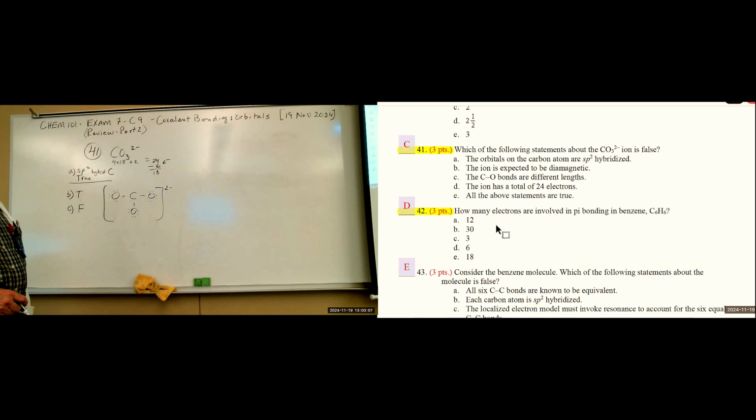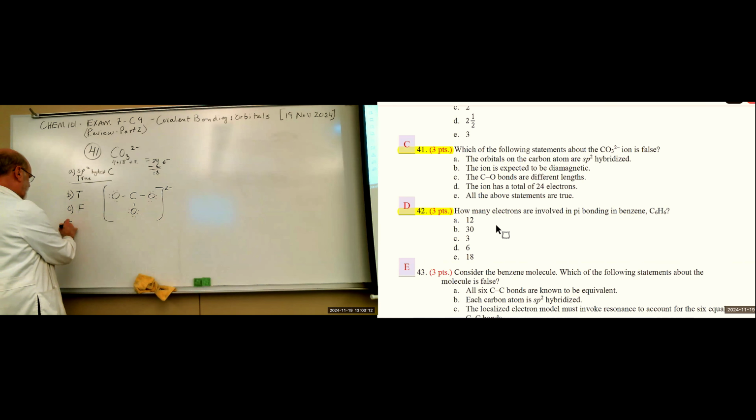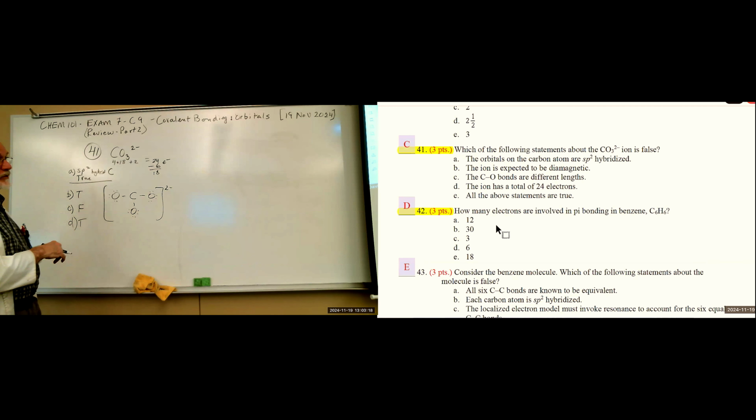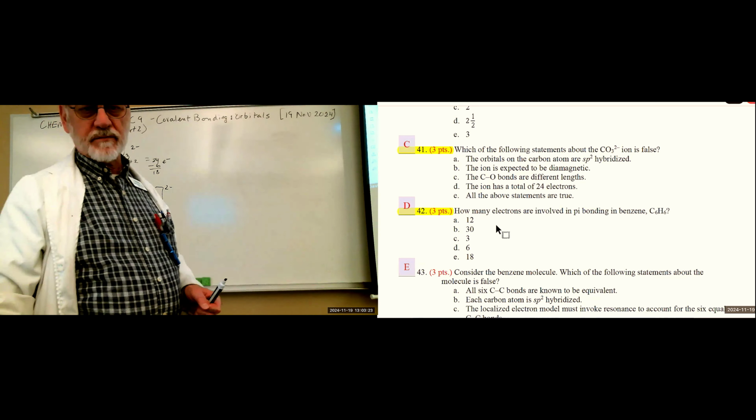Right? So D would be false also. That question's kind of messed up, isn't it? We're saying that it should be 24 valence electrons. If that's the case, then yeah, it's true. Well, I'm finding a bunch of bad ones in this.